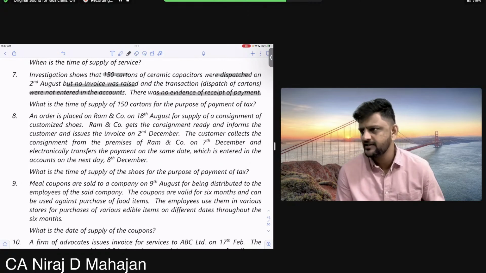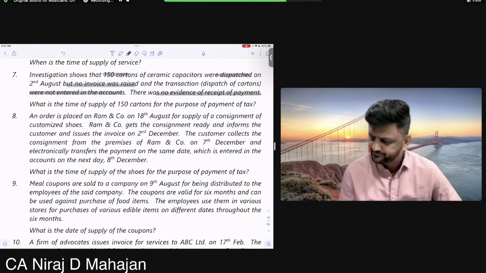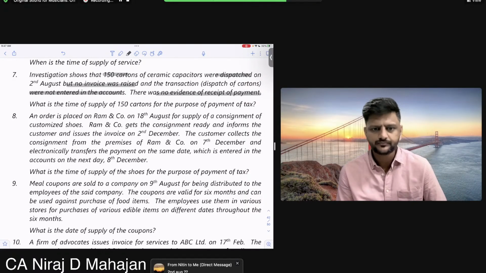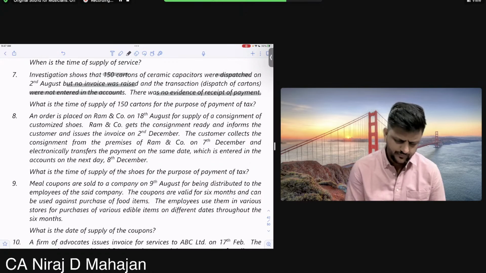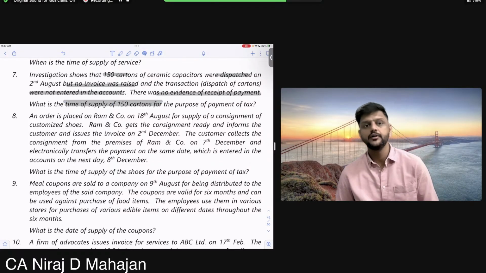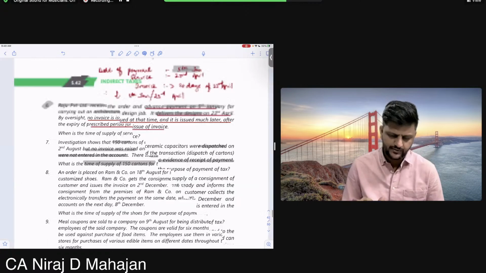So for the forward charge mechanism for goods, what do we have? Invoice date or invoice issue date, whichever is earlier. Correct, earlier. Not available, then what, children? Were dispatched on, okay. What is the time of supply of 150 cartons for the purpose of payment of tax? That we'll have to check, the date on which the recipient receives the goods. Check the wordings.